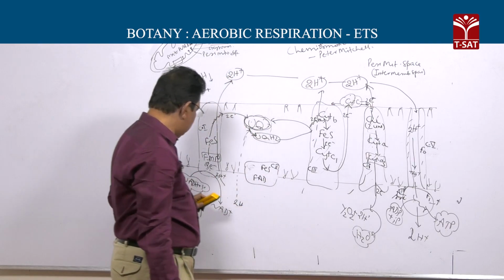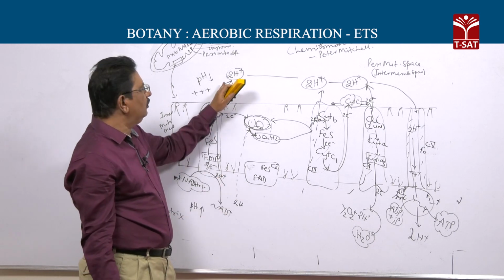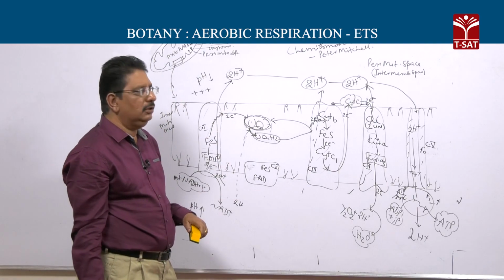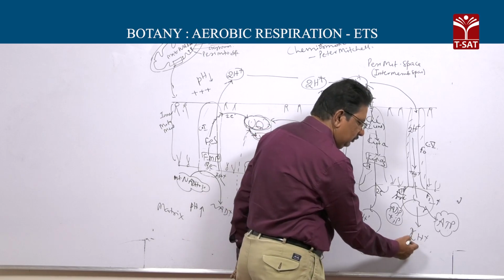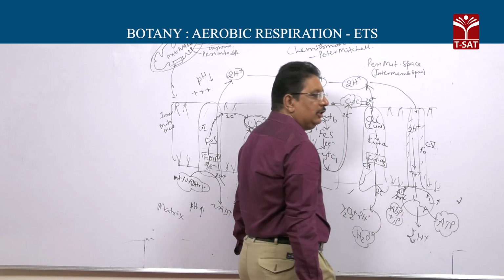So one mitochondrial NADH transfer involves 6 protons accumulation, and when these 6 protons flow back, ATP forms.